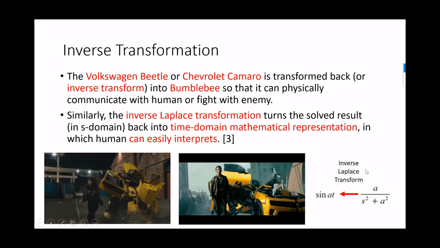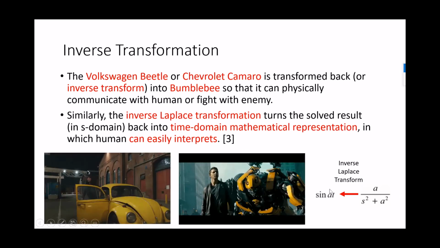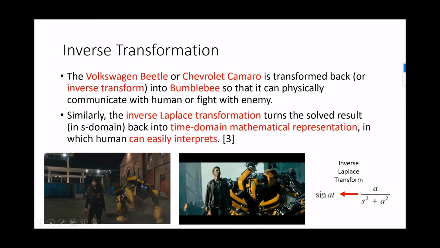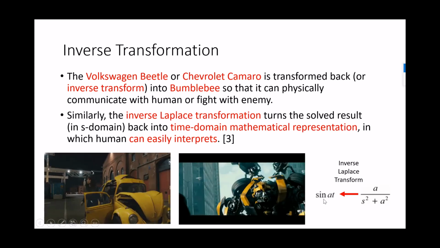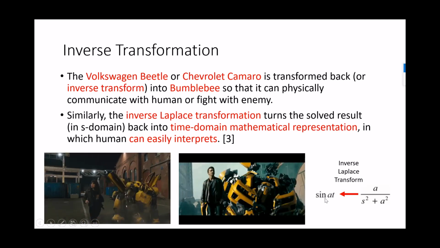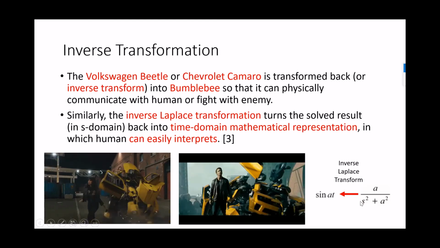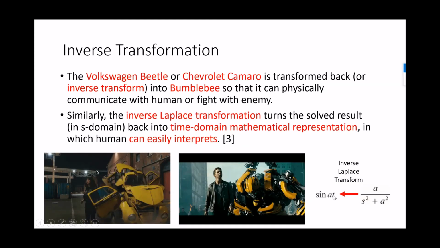After you solve the equation, you inverse transform back to the time domain signal. So your result is easily solved using this transformation. If not, it is very hard to solve.